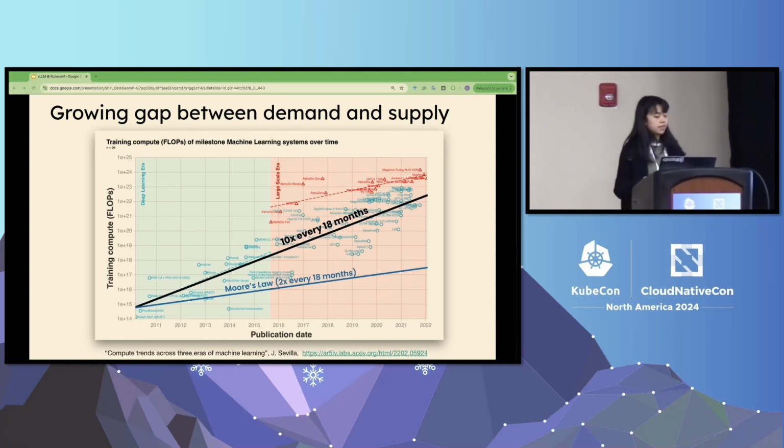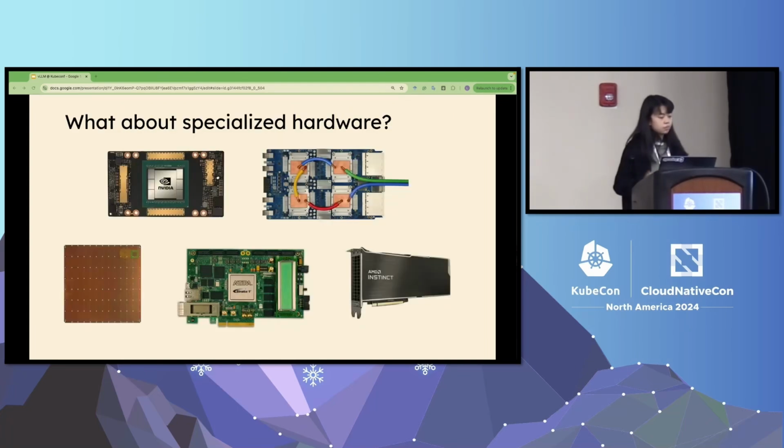So there is a gap here between the demand of the generative AI workloads and the supply we can provide by the current hardware. As this gap grows, specialized hardware like GPUs and TPUs are developed to support those workloads. We have NVIDIA GPUs, AMD GPUs, TPUs, different hardware.